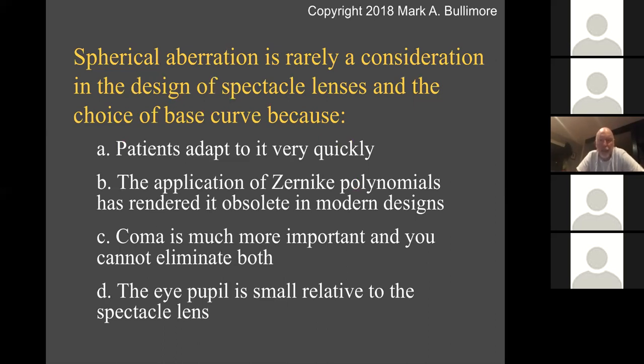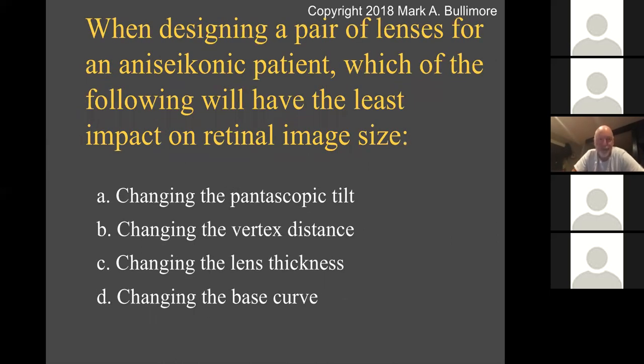You can't eliminate both. Well, the eye pupil is small relative to the spectacle lens. And DC and Joseph have squawked up. Of course, the answer is D. It's because we're dealing with a small aperture system when we're dealing with spectacle lenses. It's not true when we're dealing with contact lenses or IOLs.